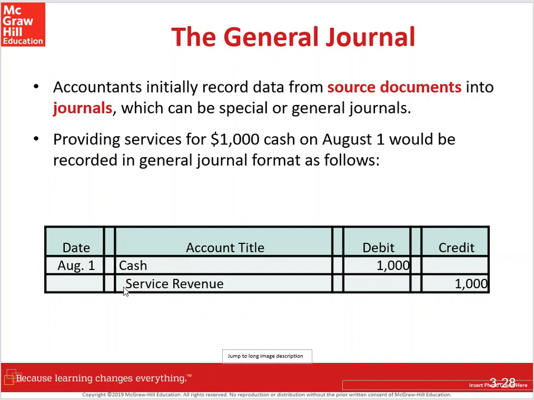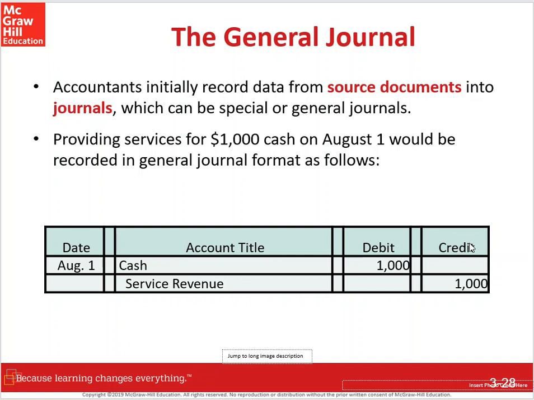Then we go to the second line, and they don't do a big indent here, but we should indent several spaces. So this is supposed to be indented a bit. They did just a little tiny bit. I'd like to see a little bit more visually. So we indent the second line, which is our credit account, and then we put the credit in the right column, in the credit column. And even if this didn't say debit and credit here, we know that debits are to the left and credits are to the right.